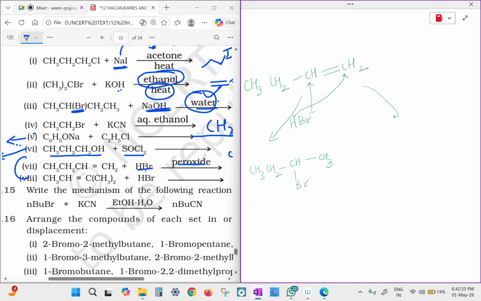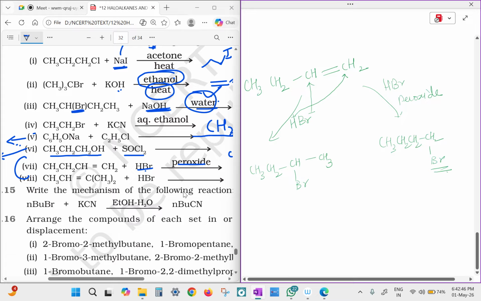This is normal HBr. But if you add HBr in peroxide, then we'll get CH3CH2CH2Br. This is your normal addition, and this is the peroxide addition. So this must be the product there. Yes, Pranav, clear?